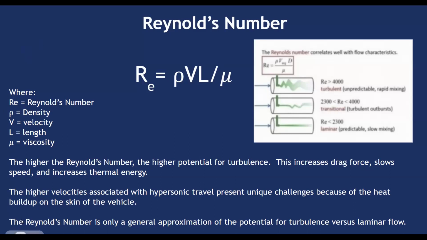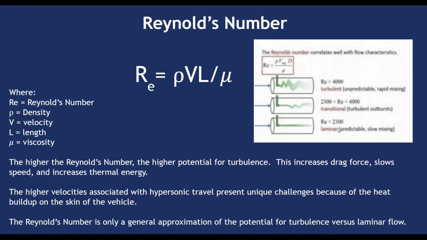The only other thing I would say here is the Reynolds number is only a general approximation of the potential for turbulence rather than laminar flow. If we look at the diagram on the right-hand side, in general, if the Reynolds number is greater than 4,000, you're going to get turbulence, I believe, in all cases.